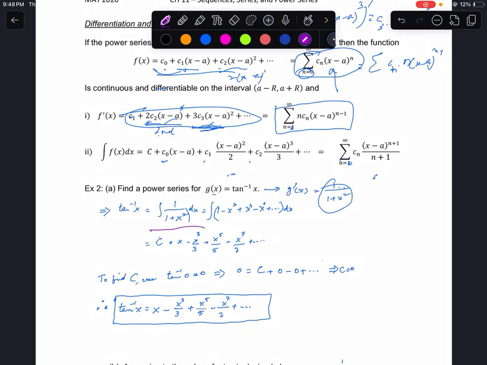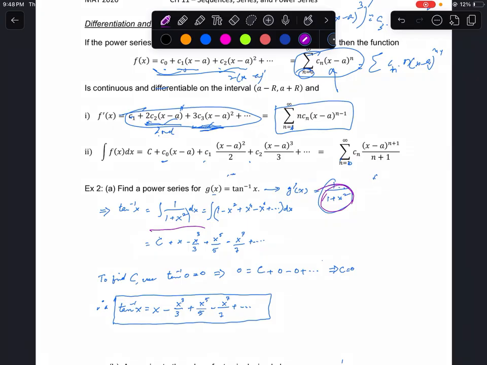Tangent inverse x will be equal to the integral of 1 over 1 plus x squared dx. Now in this form, we will expand. So we have 1 minus x squared plus x to the 4 minus x to the 6 plus x to the 8 minus, and so on. This is what we saw the power series of 1 over 1 plus x squared gives us. So now we integrate.